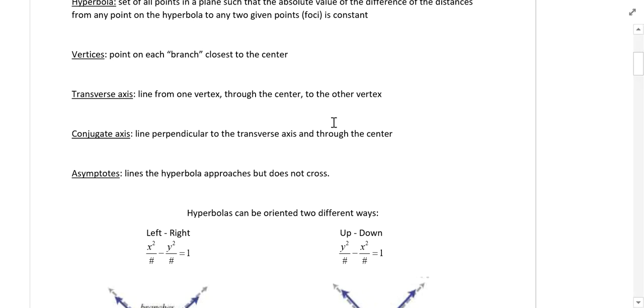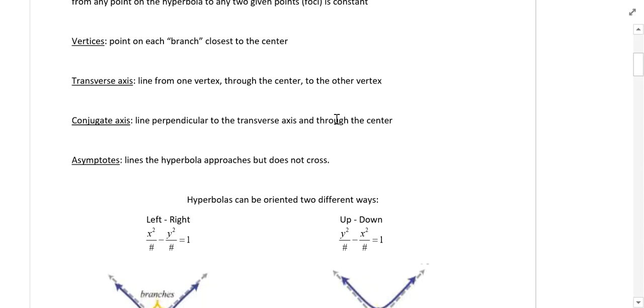We saw some hyperbolas in our Desmos activity, but here we're going to look at how to precisely graph them. Hyperbolas can be oriented in two different ways. We have left-right hyperbolas, where the two branches are on the left and on the right, approaching two asymptotes. Those are in the format of an x squared minus a y squared.